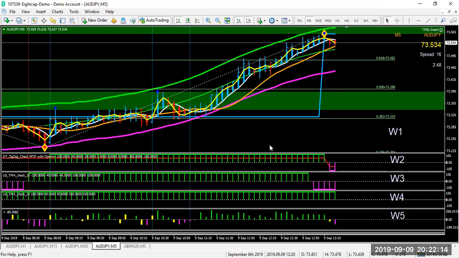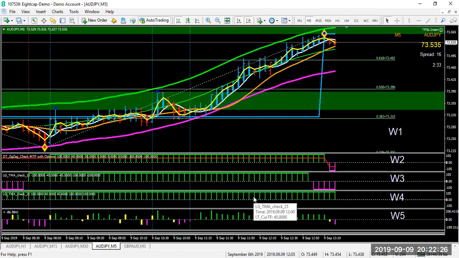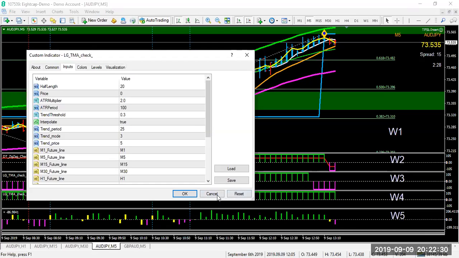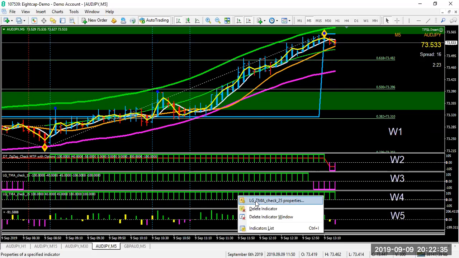Now, on your template that you have, window 4. Okay, now window 4, you can get the properties by placing a cursor there and then double left clicking, or you can place your cursor there, right click, and go to properties.